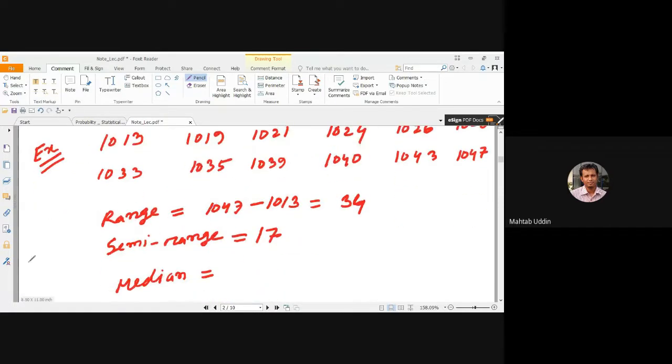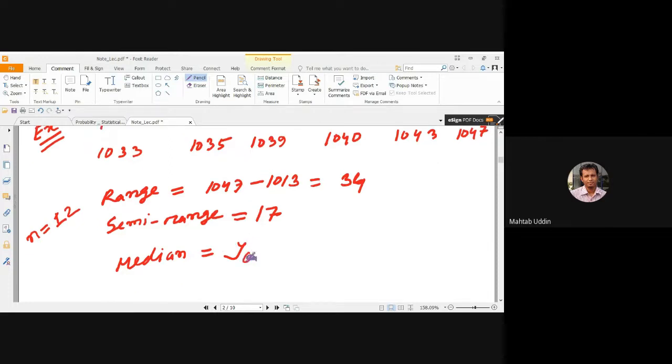So the median will be y6 plus y7 divided by 2. y6 is 1028 and y7 is 1033, divided by 2.